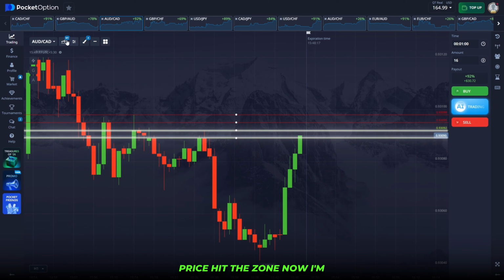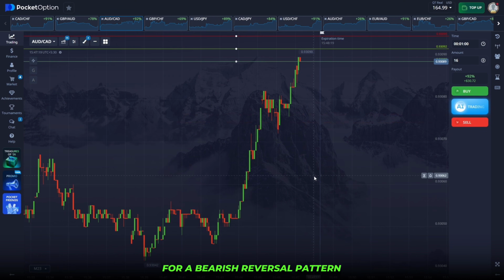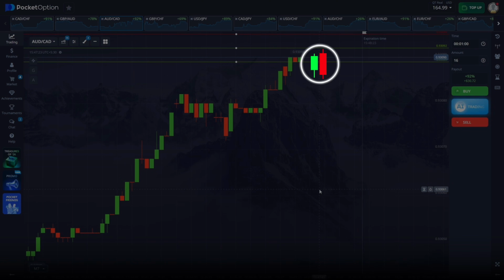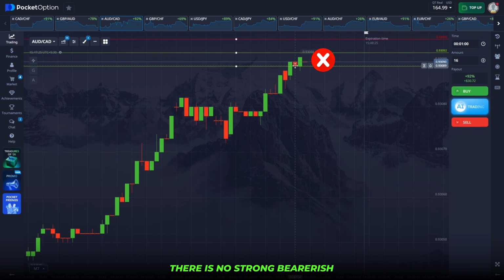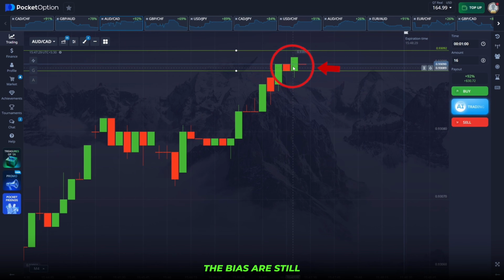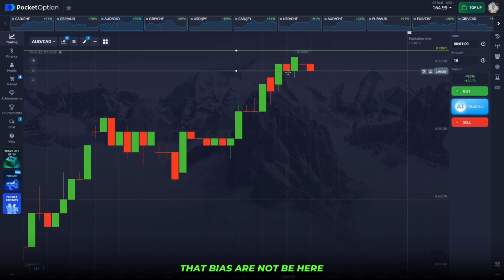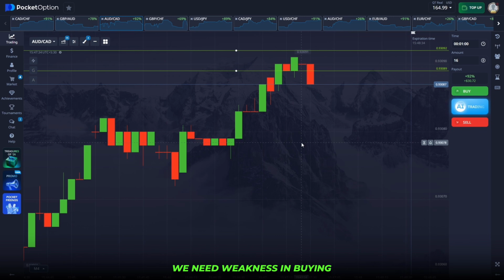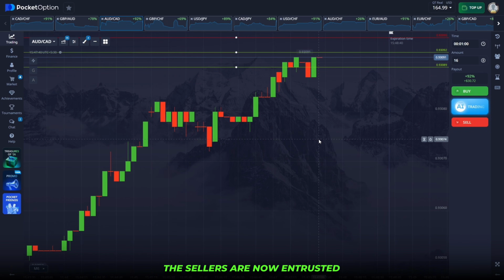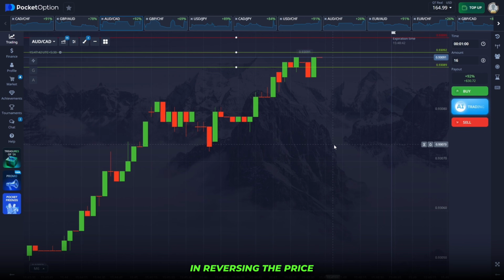Price hit the zone. Now I am opening the 5-second chart for a bearish reversal pattern. Right now, as you can see, there is no strong bearish reversal pattern, and the buyers are still pushing, which means that buyers are not weak here. We need weakness in buying and then a strong selling candle so that we know the sellers are now interested in reversing the price.